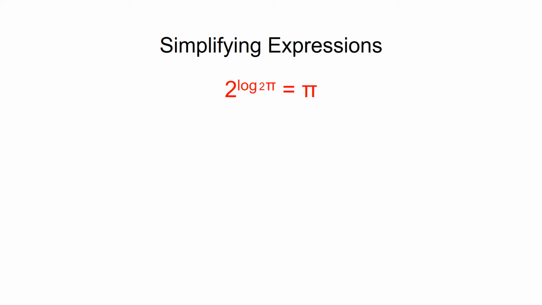We simplify this and it comes out to be just plain old pi. Similarly, the natural log is an inverse function of e, the exponential, raised to a power, here kt. So if we take the natural log of e raised to the kt, we're simply going to get that exponent of e, kt.